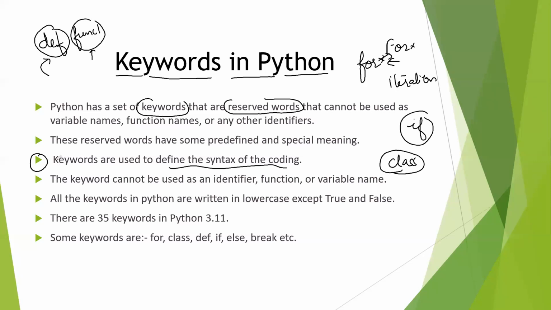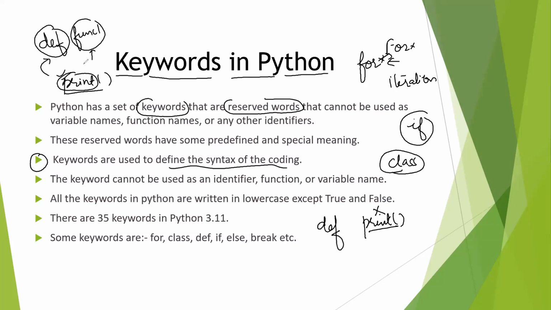What about print? Is print a keyword? Print has a special task. What is the task of this print function? It is to display the output on the screen, and it is already predefined. It is a built-in function, right? So if I am creating a new function of my own, a user-defined function, I cannot use print as an identifier for my function because this function already exists.